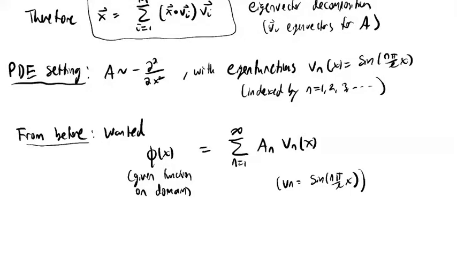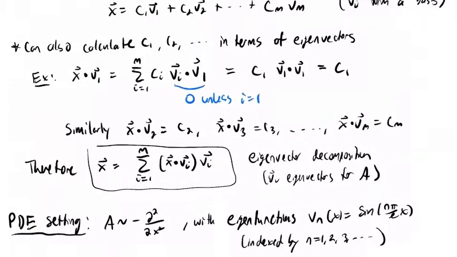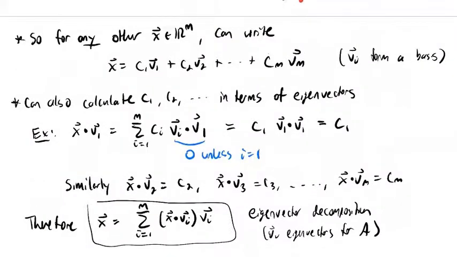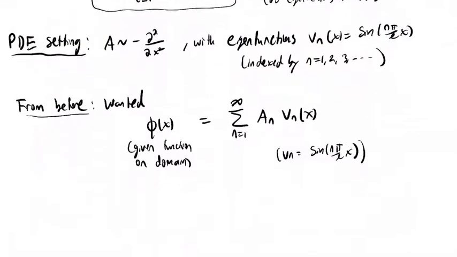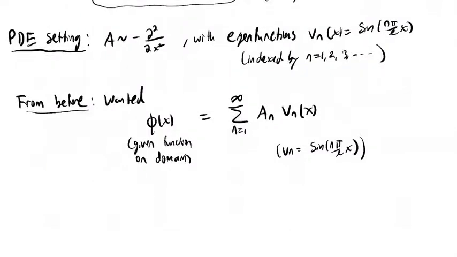This should remind you a lot of the expression we have above. There, I have a vector in R^m, and I'm writing it as a sum from i equals 1 to m of some ci times a vector, and this vector happened to be an eigenvector for my matrix. In the PDE case, we're given a function on the domain of this differential operator, and we want to write our function as an infinite sum of eigenfunctions for the operator.